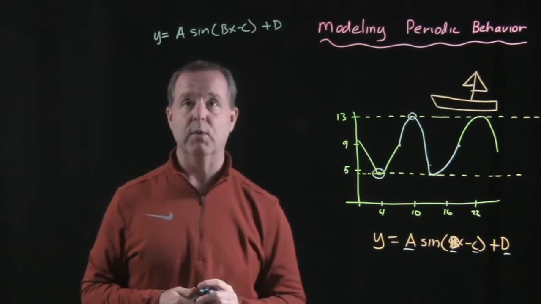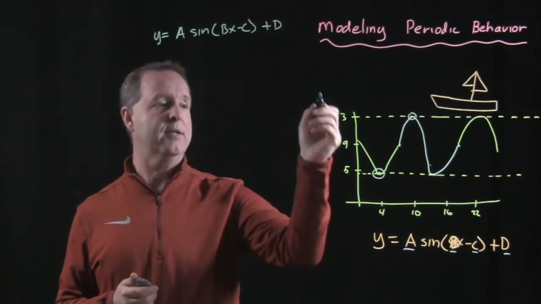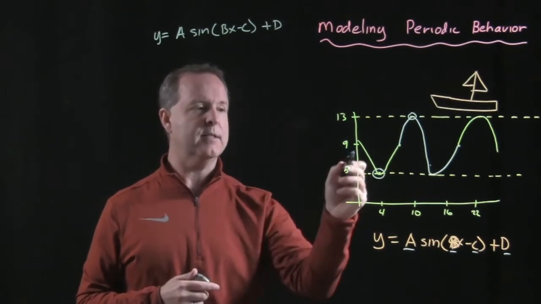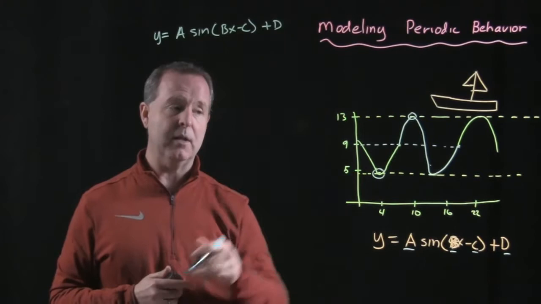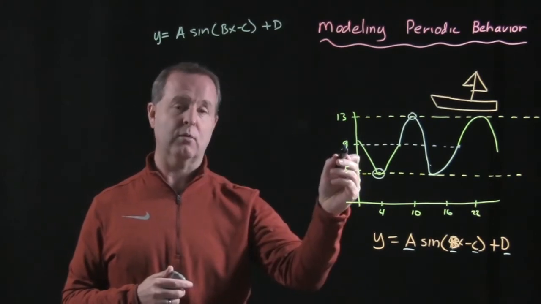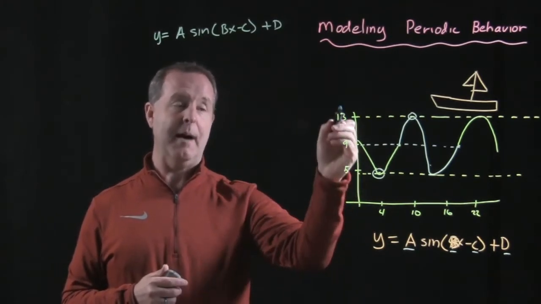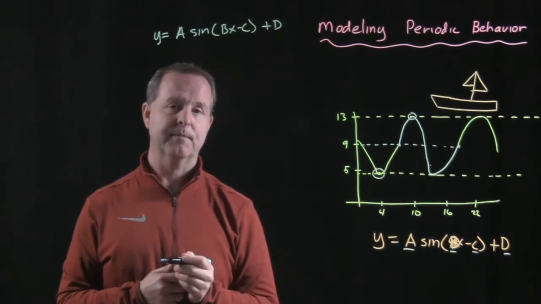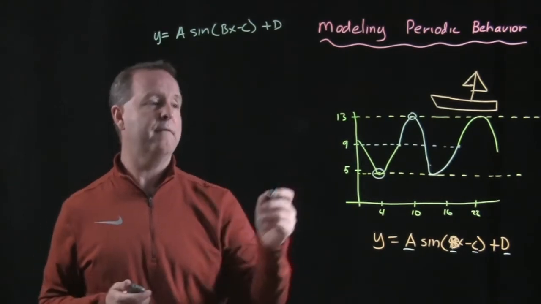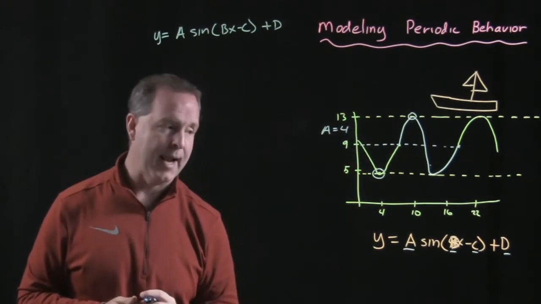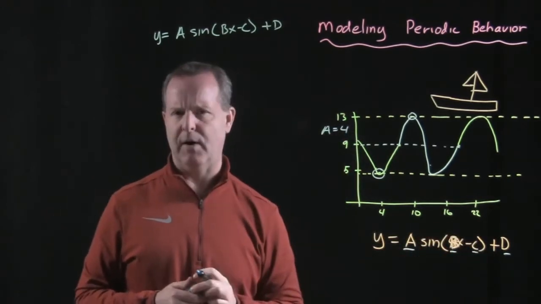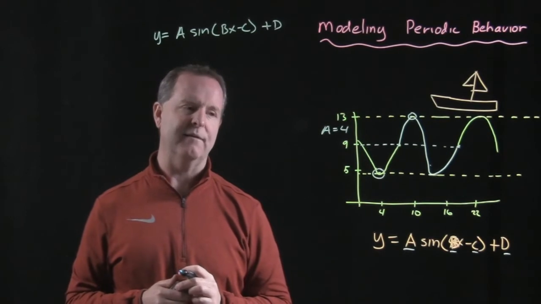Well, our amplitude, which is our a, we might be able to find fairly straightforward. The amplitude is from the middle of the graph. How far above and below does it go? Well, the middle of our graph is at 9, and it goes up to 13 or down to 5. So the amplitude would be a 4. D might be the next part that is fairly easy to figure out.